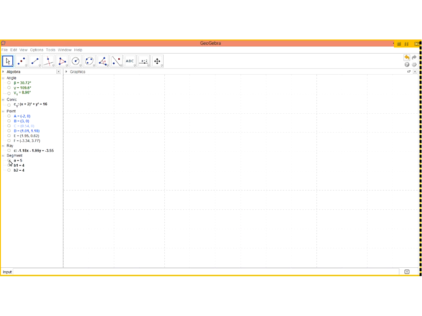So I'm going to show that. Okay. So here's my side A that's equal to 5. And angle beta is set at this 30.72 degrees.